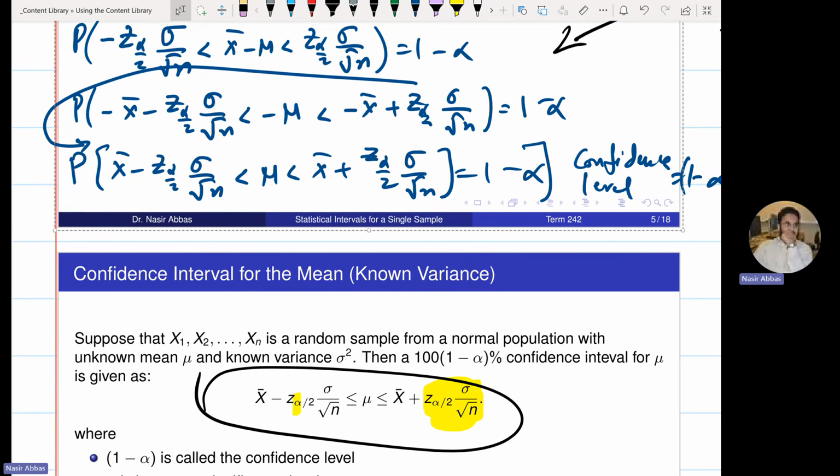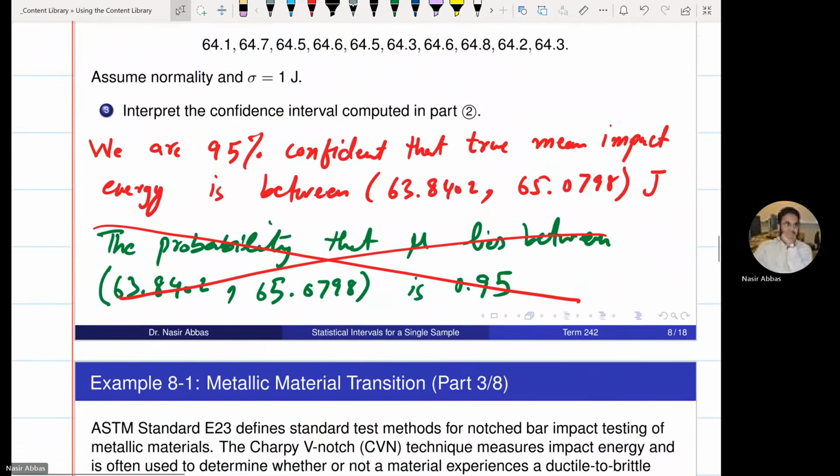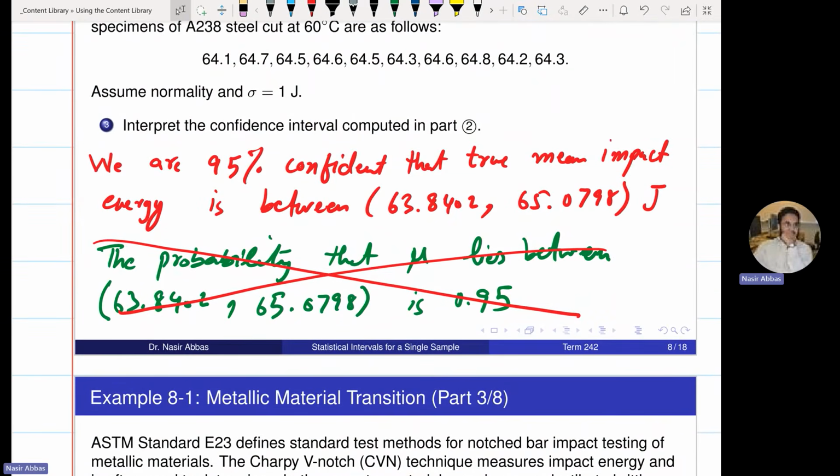What is the output? True or false? Yes. Now about this interval, either mu is captured in this interval or it is not captured in this interval. No probability. Now we statisticians built up another way of saying the same thing, but not in terms of probability, in terms of confidence.